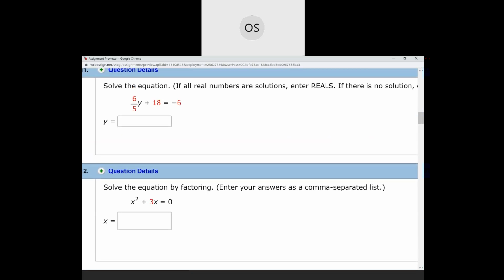So I'm going to multiply both sides by 5. When I multiply by 5, I cancel the denominators and there are no more fractions.